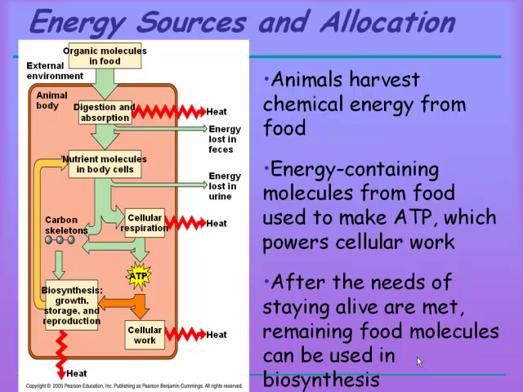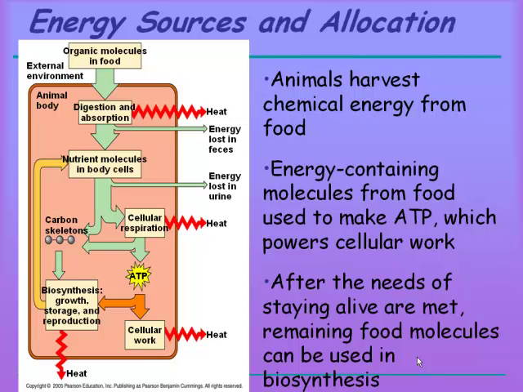Some energy is lost in feces, and then the nutrients go to the body cells where, again, more filtration occurs, some energy is lost in urine, but then most of the energy goes to cellular respiration. Again, heat is given off, but ATP is produced.